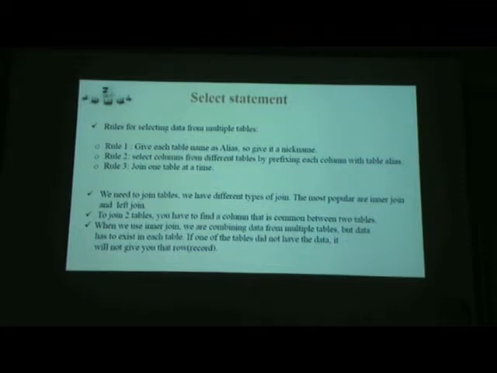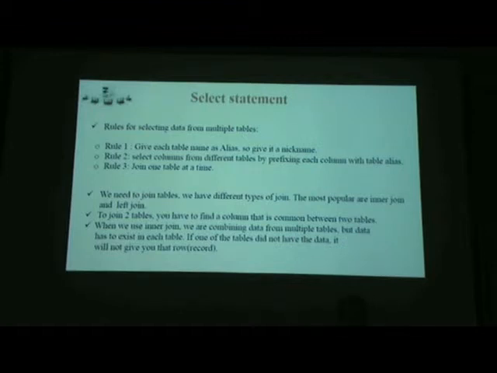If you do an inner join between student, courses, and dorms, and a student is enrolled in a course but doesn't live on campus, you will not get this record if you are using inner join, because with inner join the data has to exist in all tables.